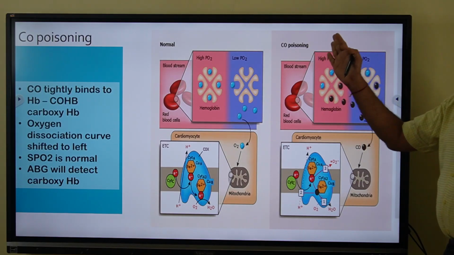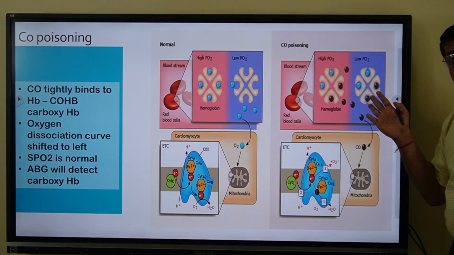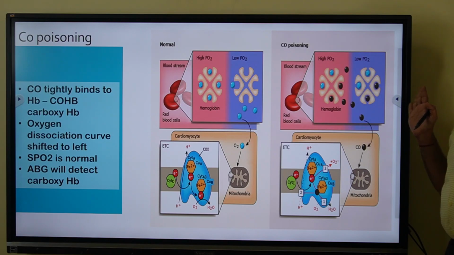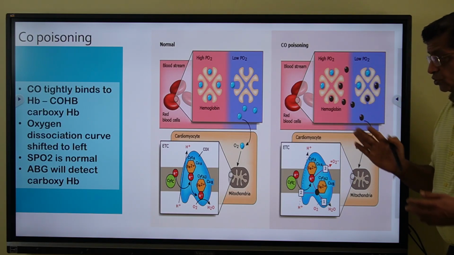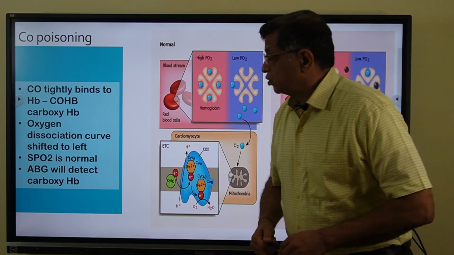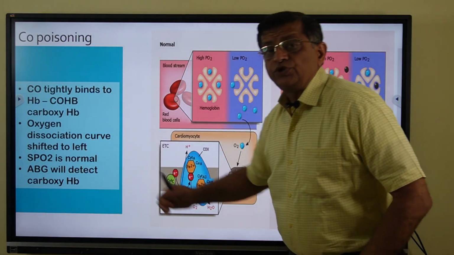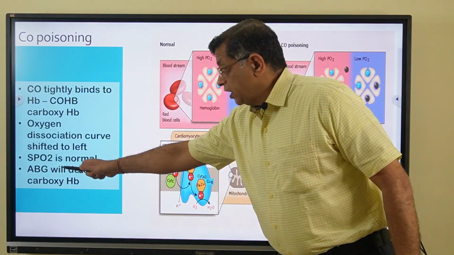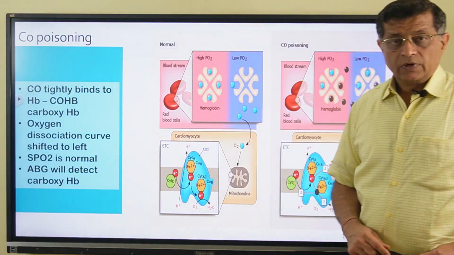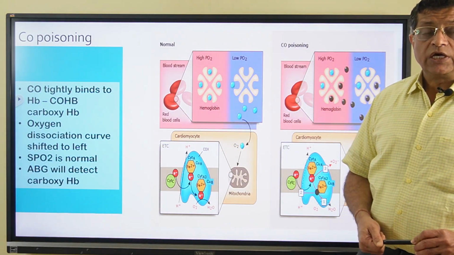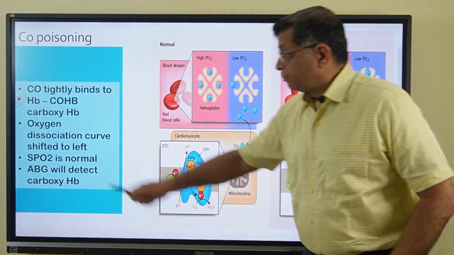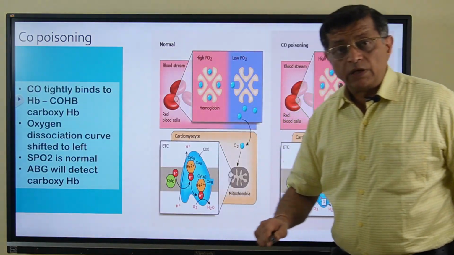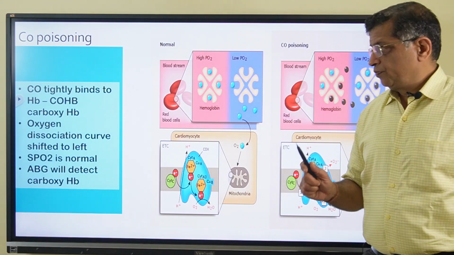While this carbon monoxide has such a high affinity for hemoglobin, it will not detach, so there will be hypoxia. What is important is the oxygen dissociation curve will shift to left, and importantly the SpO2 is normal. So if you see the SpO2 normal, the patient is still severely hypoxemic. The SpO2 is normal, but PaO2 is low.